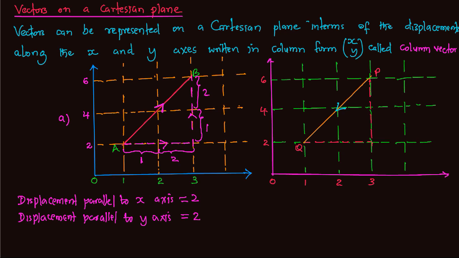So therefore, vector AB in this case is equal to (2, 2).